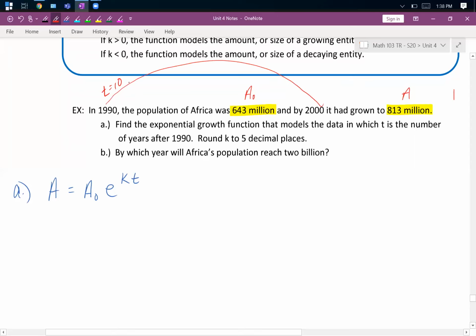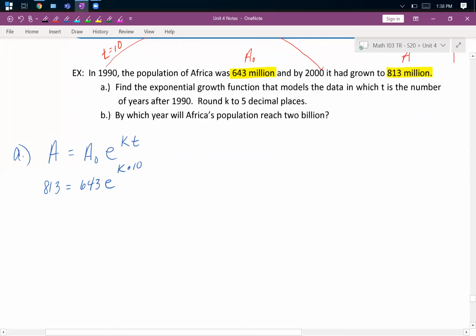Now we're going to plug all this into our equation and solve for k. 813 equals 643 times e to the k times 10 power. I'm going to rewrite my exponent. We're solving an exponential equation.